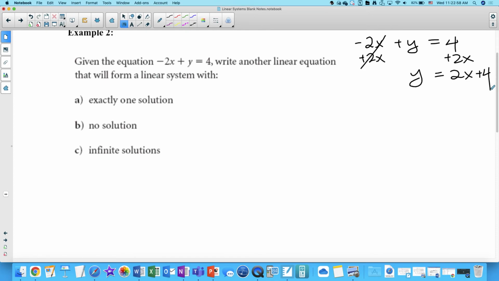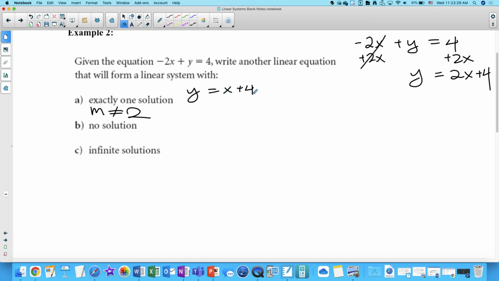Okay. Now, if we want exactly one solution, what are sort of the restrictions on our equation? Yeah. Different slope. So the only thing that we need to have is a slope other than 2. That's the only thing. M cannot be 2. Okay, so you could do y equals x plus 4.